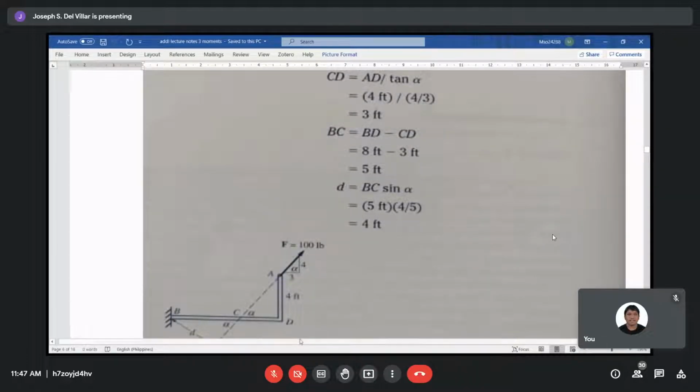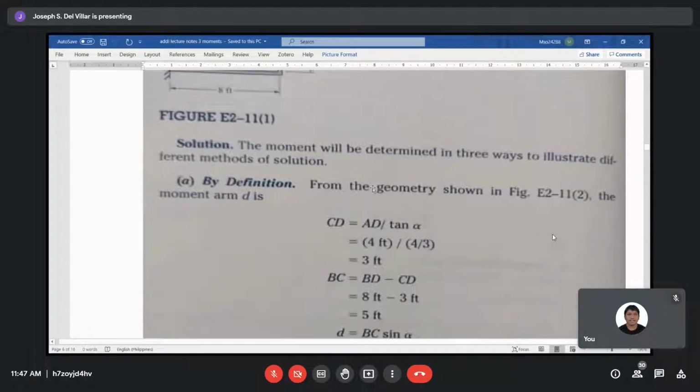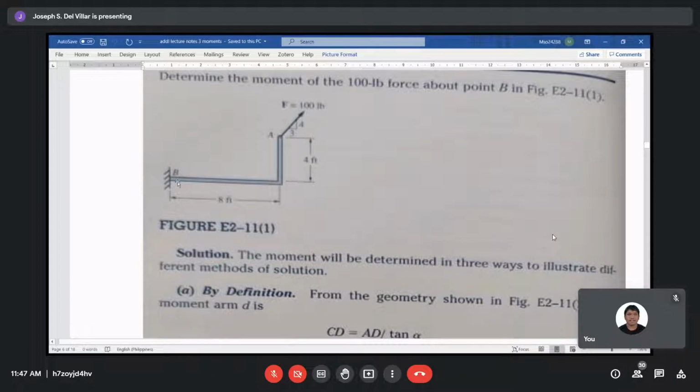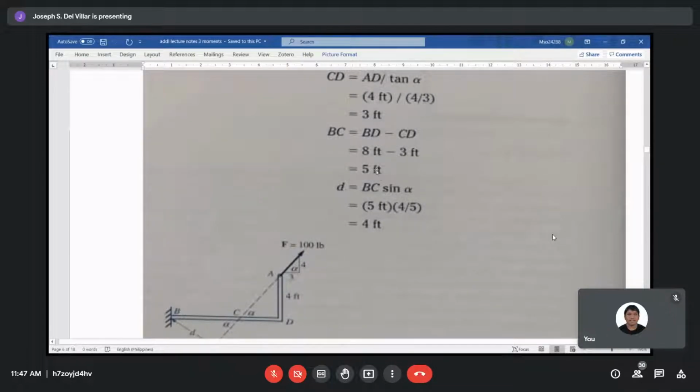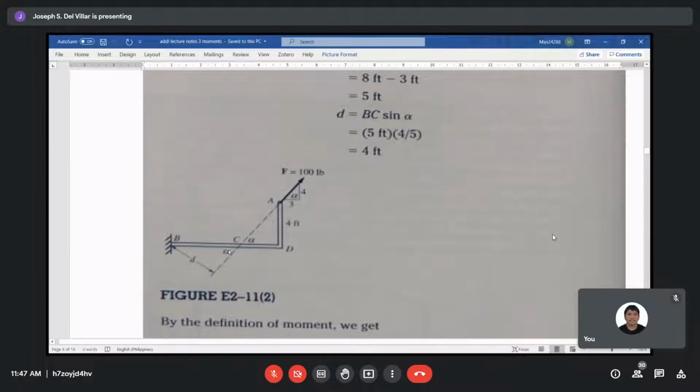Okay? From tangent, kasi alam mo yung tangent ng alpha 4/3. So 4/3 is equal to 4 over x. Halimbawa, x. Okay? So makukuha nyo yung x, 3 feet. And then, since alam nyo na 8 feet ito, yung total mula dito kay B hanggang 8 feet. So 8 minus 3 is equal to 5 feet. Yung BC pa lang yun.